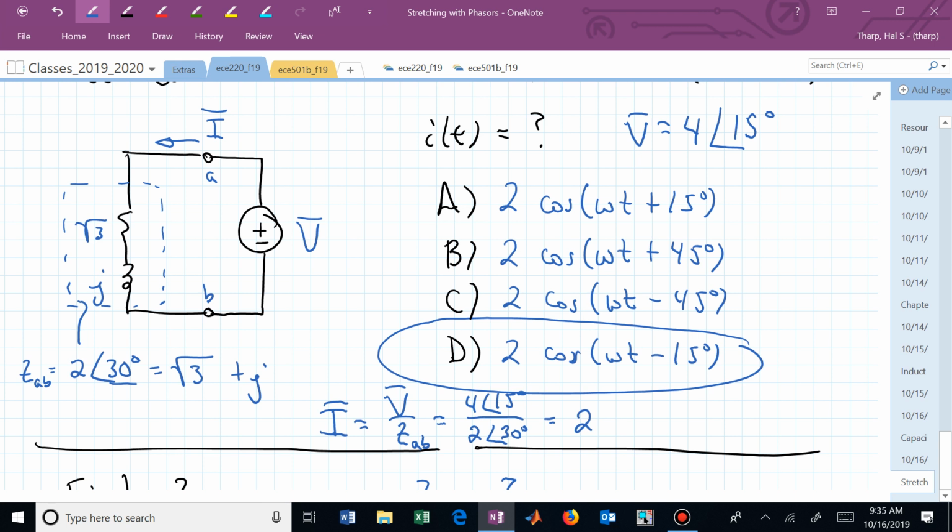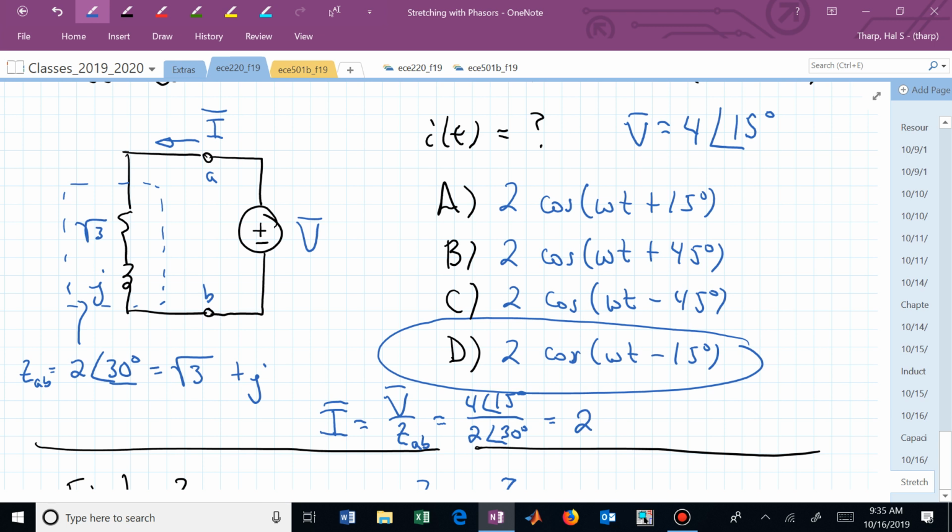And the way to think about that is, when you multiply and divide, hopefully you've converted things to polar form. Now put yourself on a circle and say, oh, I'm at 15 degrees upstairs, and think of it as an exponent. You now have 4e to the j 15 degrees divided by 2e to the j 30.